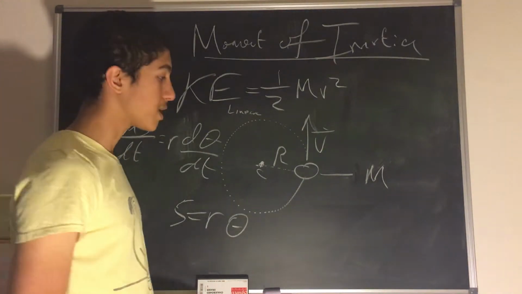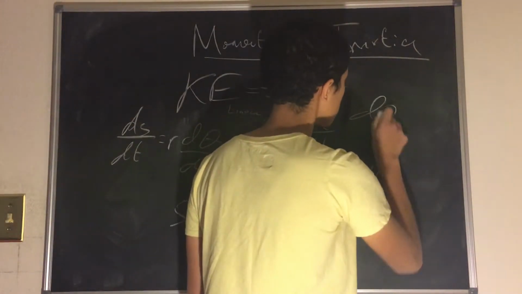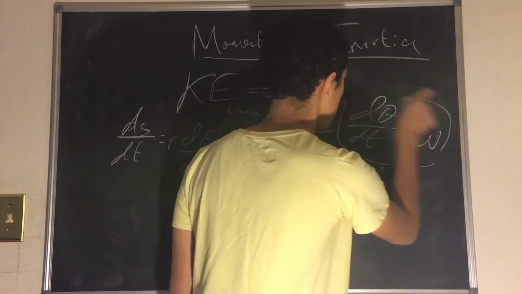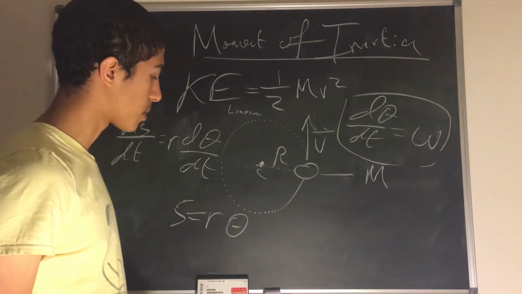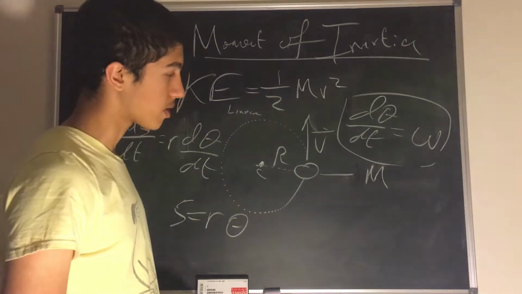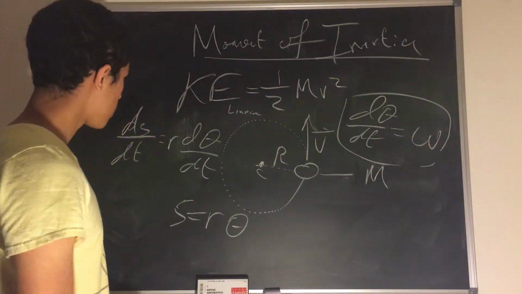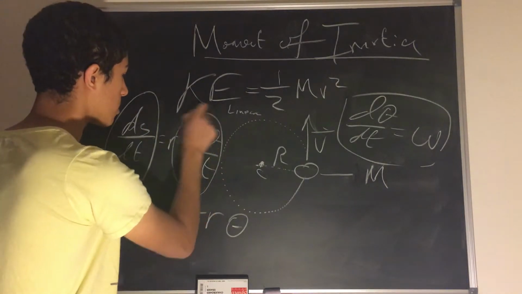And what is d theta by dt? In physics, we like to call that omega. So d theta by dt is equal to omega. Let's not confuse that with the omega found in spring equations and wave equations, because that's a completely different thing altogether. So now we have ds over dt is equal to r times d theta over dt.